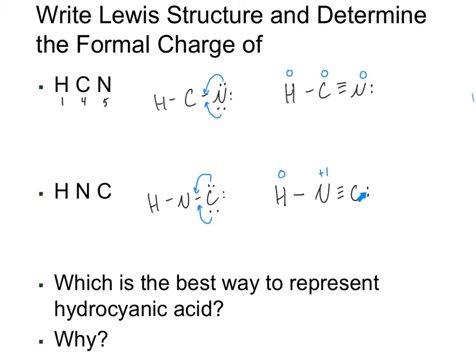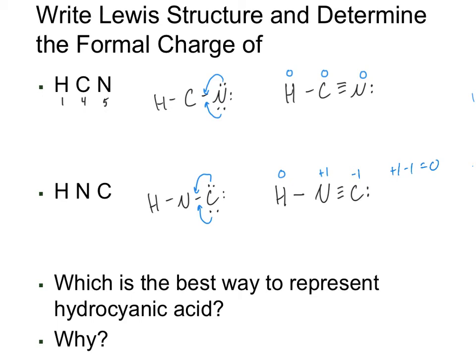It now has 1, 2, 3, 4, 5 electrons around it. And so carbon has a formal charge of -1. +1 minus 1 does equal 0. And so our formal charge analysis would seem to be correct, as that is the overall charge on the molecule.